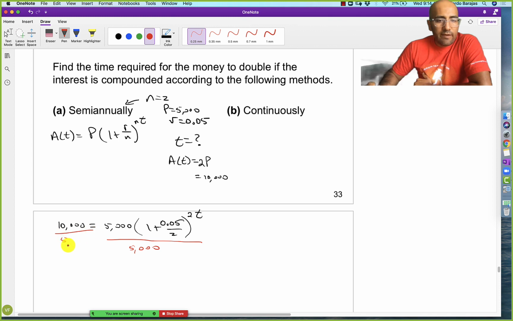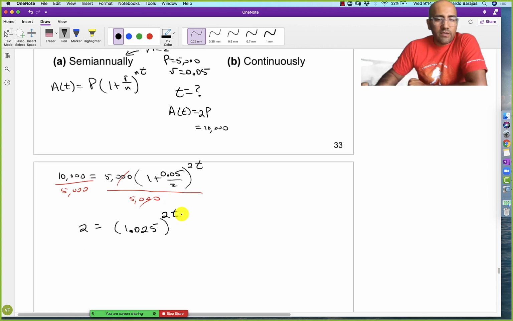And so we see that this is just going to be 2. 2 equals this thing. 1 plus 0.05 divided by 2, 5 divided by 2 is 2.5%. And then you add that to 1, so it's just going to be 1.025, raised to the power of 2t.